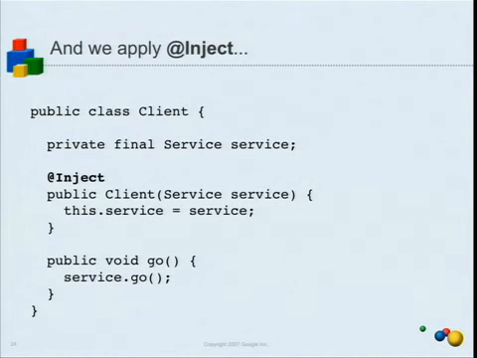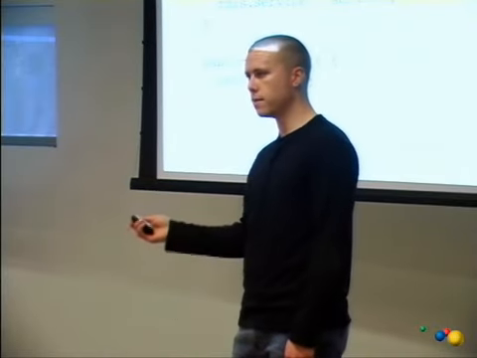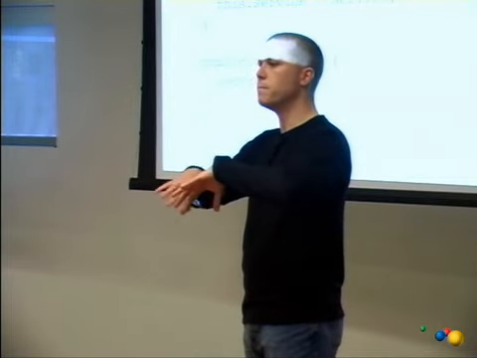Yes? How does this differ from Seam that uses annotations as well? So he asked how this compares to Seam. Guice is actually similar in a lot of ways to Seam. We're going to see some ways where it's really different. Seam is a great framework too. And I'm actually on a JSR called WebBeans with Gavin King, who created the Seam project. And we're combining Guice and Seam for WebBeans.